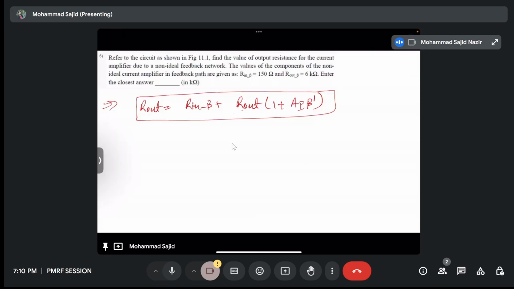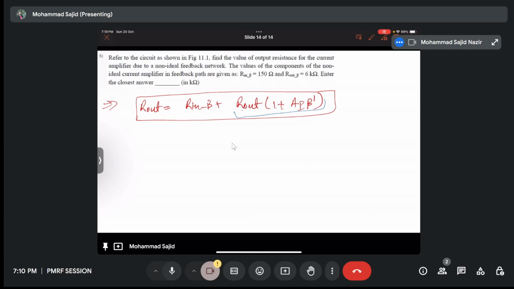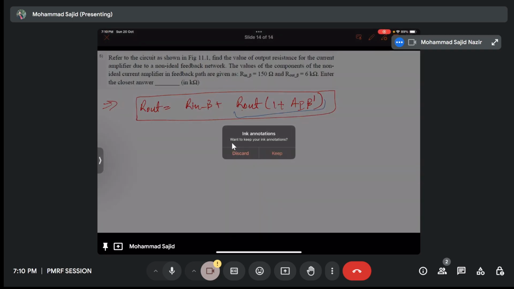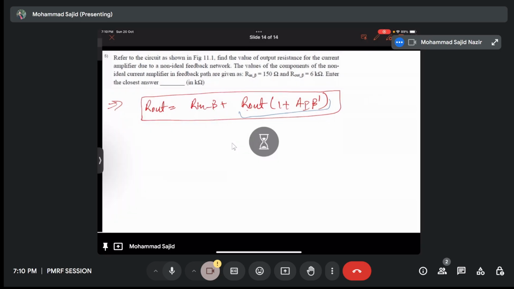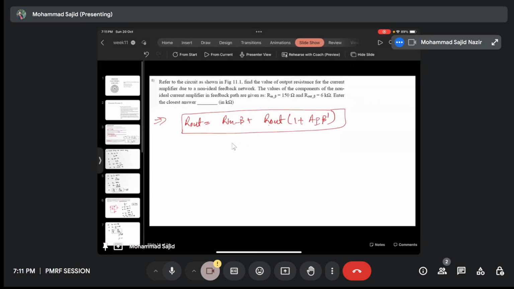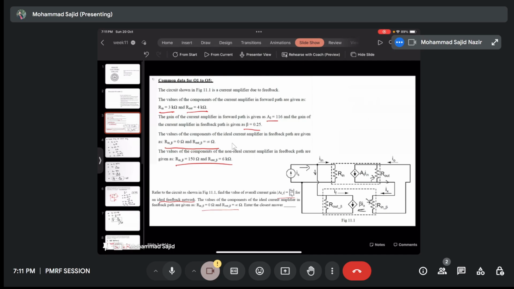Here we have an increase in output resistance. The important thing to remember from this week was to be able to judge whether the resistance will increase or decrease.